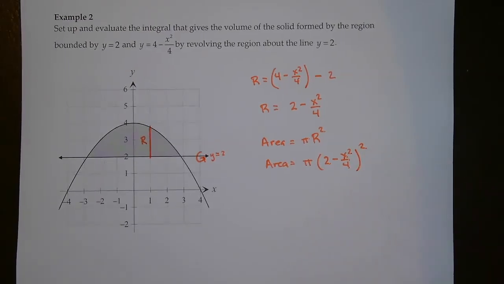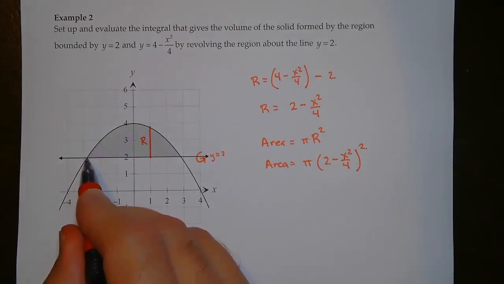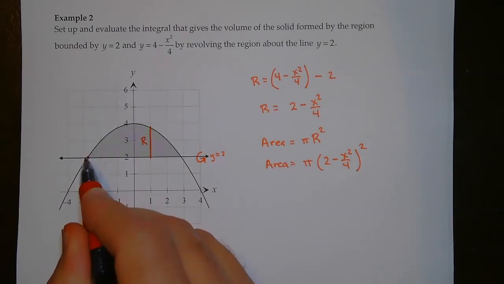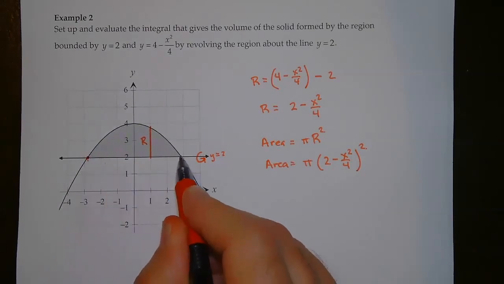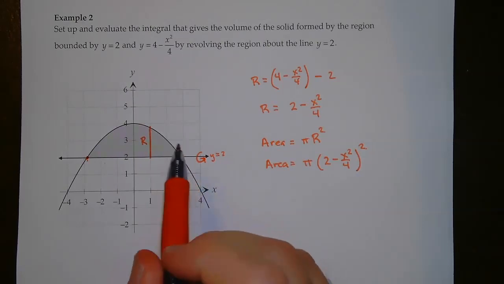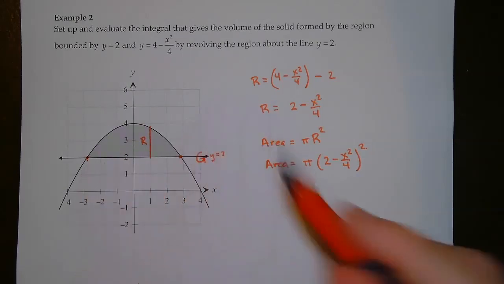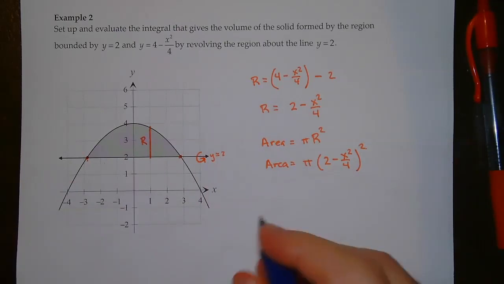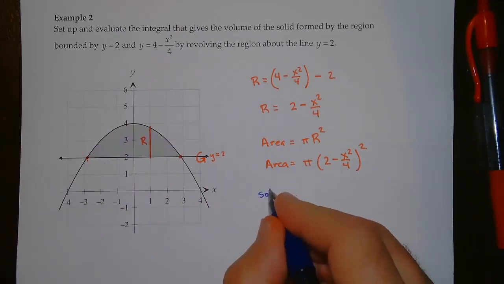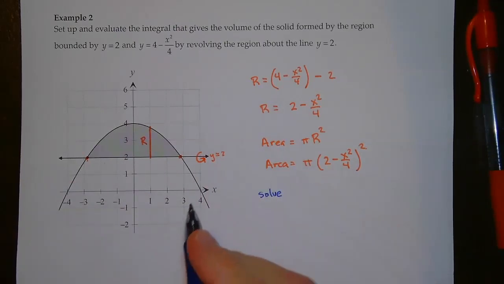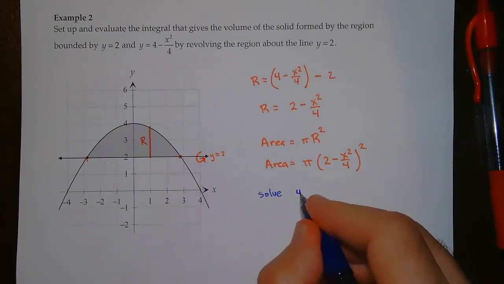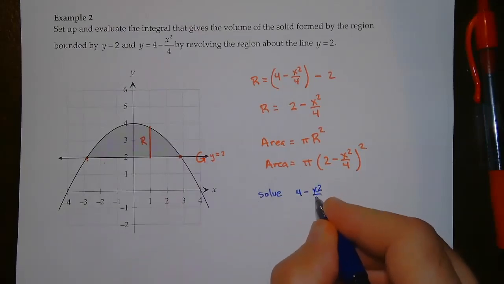Now, the next thing I need to do is start them right here, but I do not know what that point is. I'm also going to end it right here, but I do not know what that point is. So what I have to do is solve this system. I'm going to grab a blue pen, and we need to solve 4 minus x squared over 4.